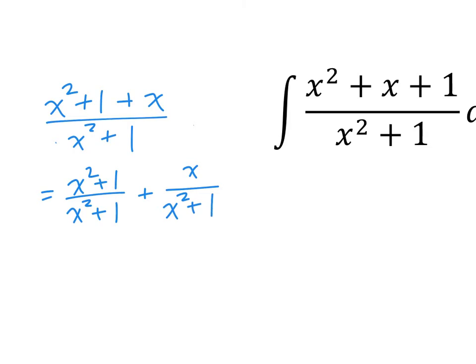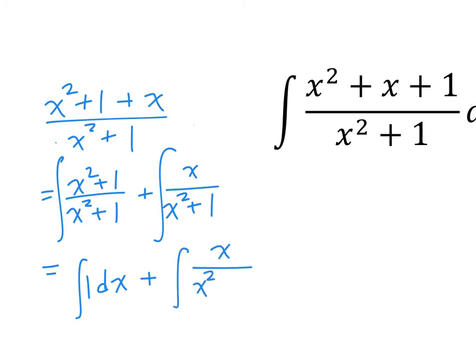That's okay. Good. So basically, we did long division the shorter way. And then integrate that. So that's going to be 1 dx, plus this part. This part, do you guys know how to integrate? Yes.